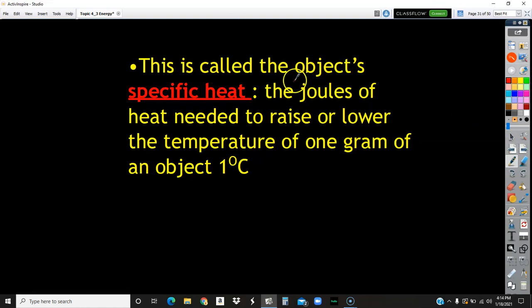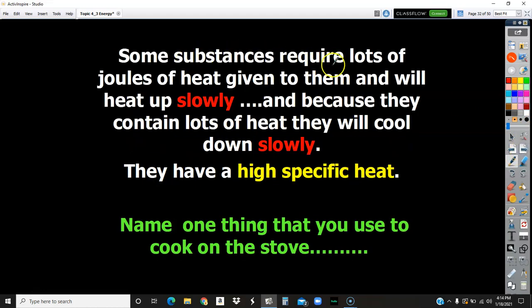This is called specific heat. The joules of heat needed, again, to raise or lower, because you're either going to put in heat or take out heat, the temperature of every gram, every degree. So it's per gram per degree. Some substances require lots of joules, and again, the higher the number, like liquid water, they heat up slowly.